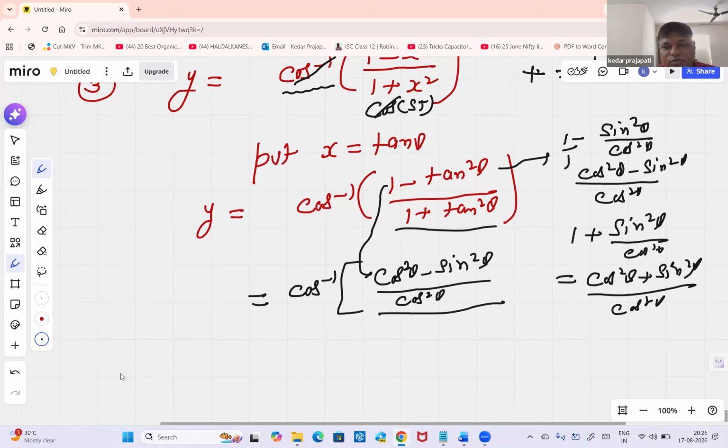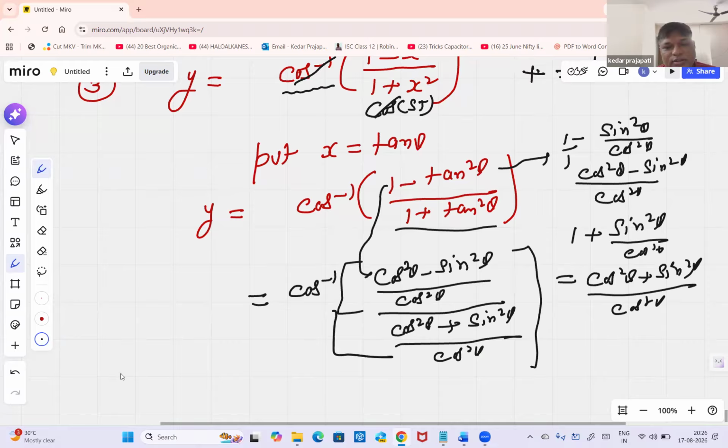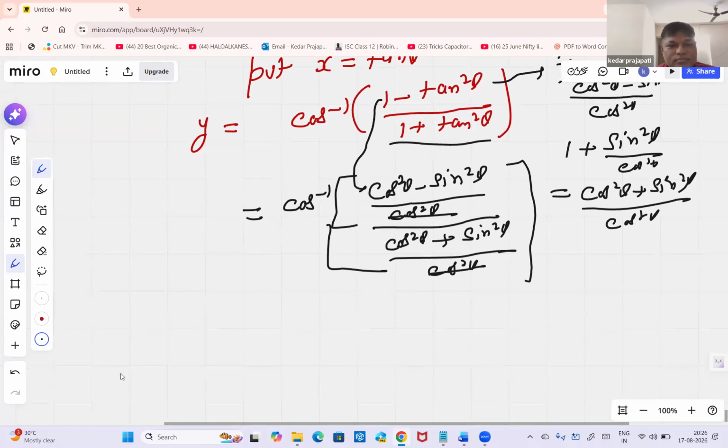And 1 plus tan square theta is cos square theta plus sin square theta by cos square theta. So the cos square theta and cos square theta are gone. How much is remaining? Cos square theta plus sin square theta will become 1.